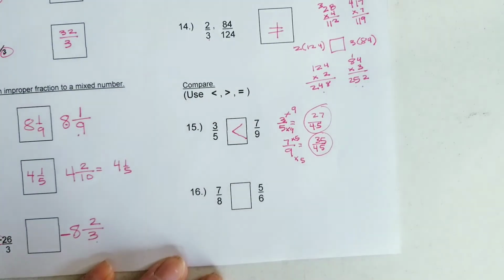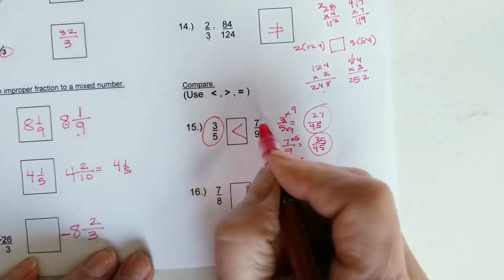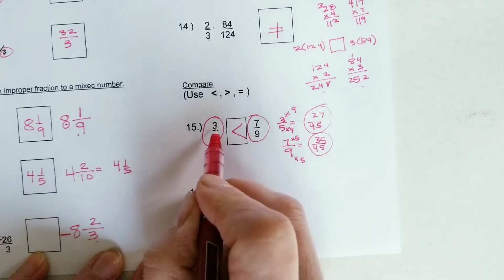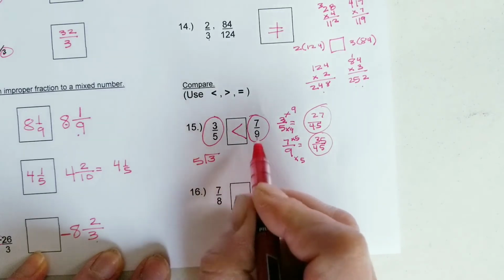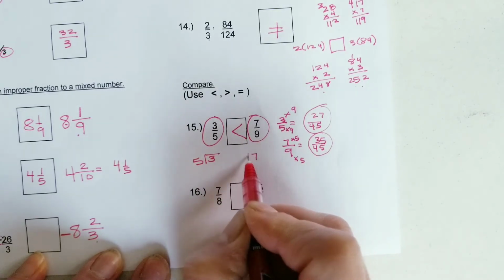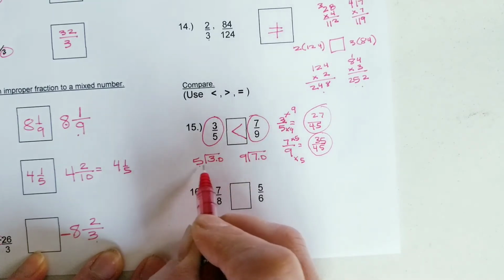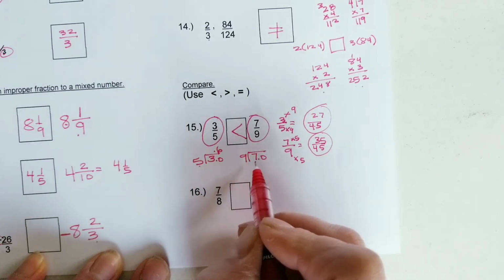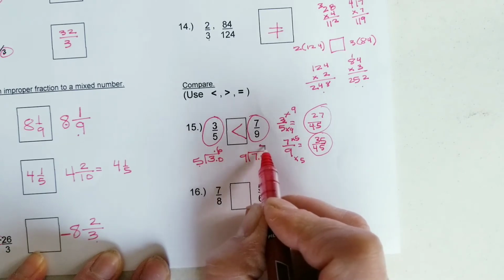Okay? The next way I want to show you how to solve number 15, and this might be an easier way, is to simply divide 3/5 and divide 7/9. So what I mean by that is 3 divided by 5 and 7 divided by 9. 5 goes into 3 six times, you have 0.6, and 9 times 7 is 63.